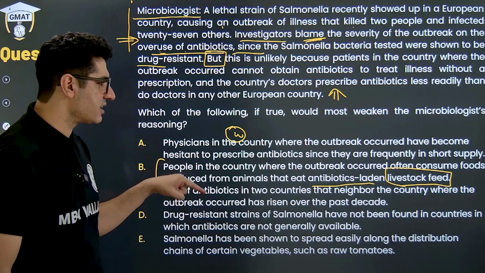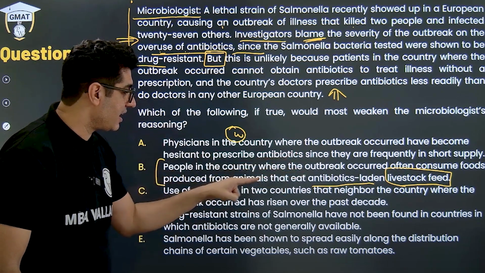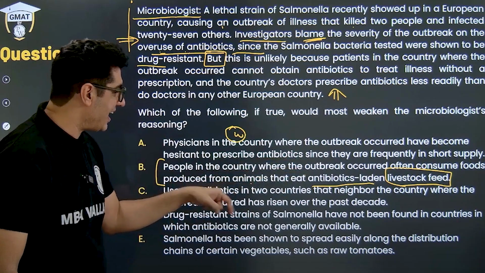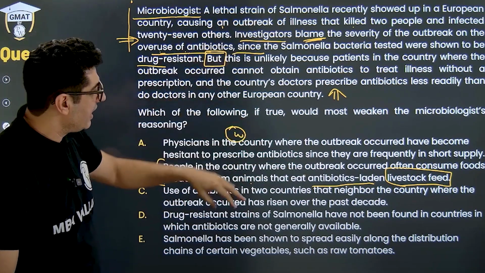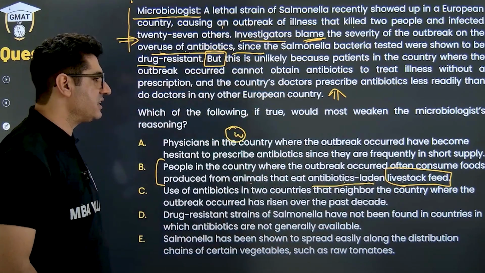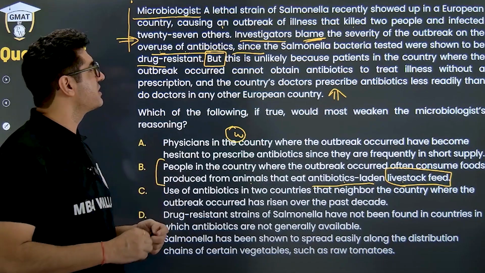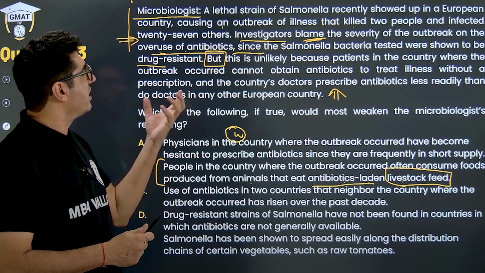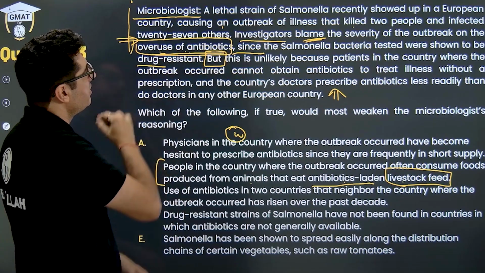So chances are that these animals had salmonella, and because they were given antibiotics laden livestock feed, they developed those conditions, and the strain was also resistant because of overuse of antibiotics.